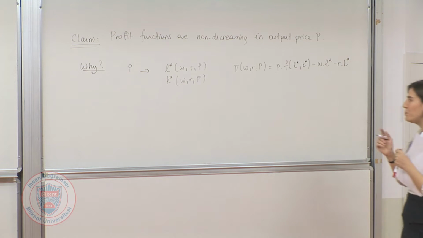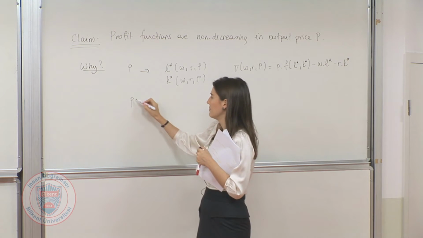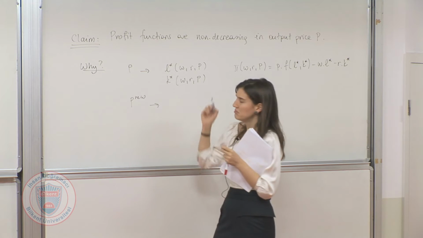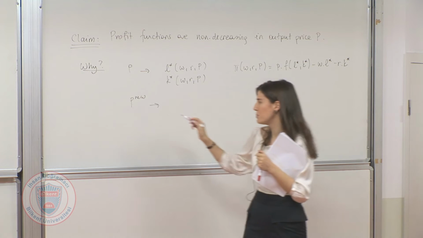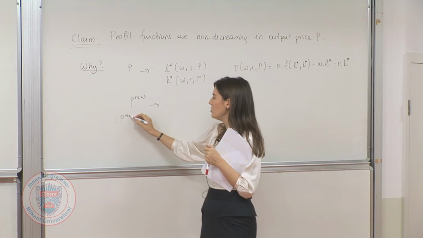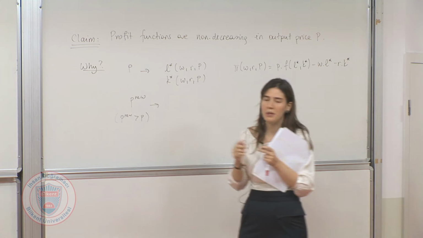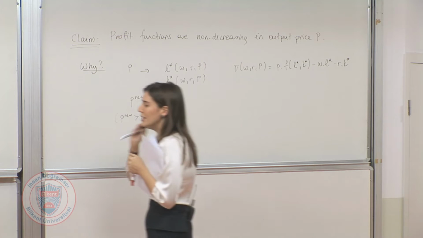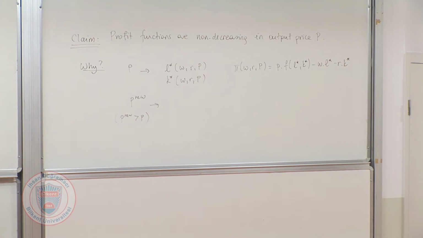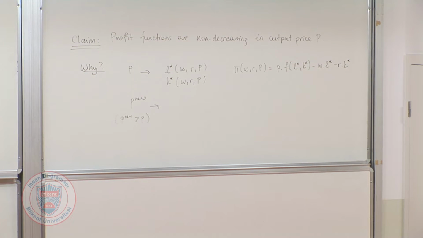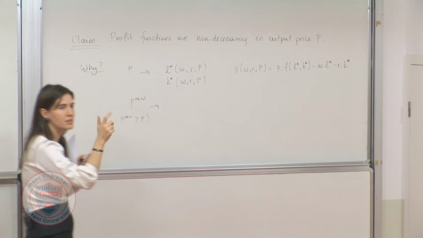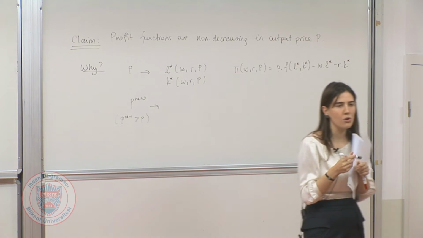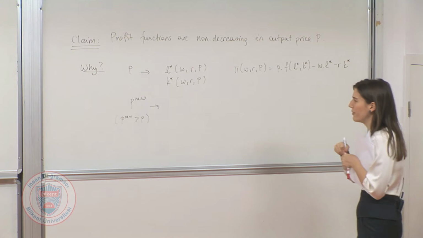Now suppose P is some new level, P new, which is larger than the old P. Suppose I'm the firm and I don't change my input demands, I don't change my L star and K star. What's going to happen to my profits?